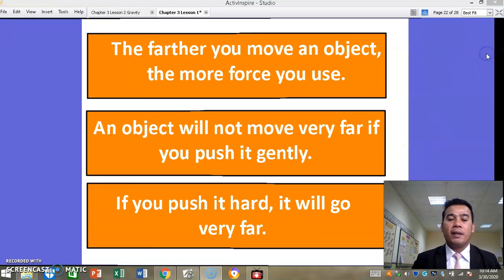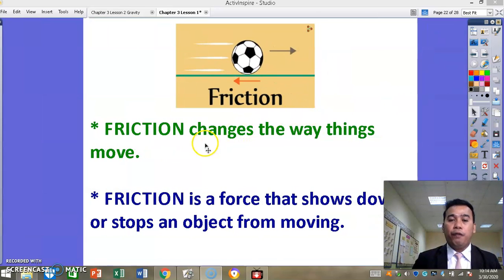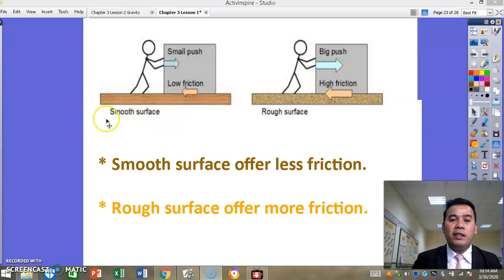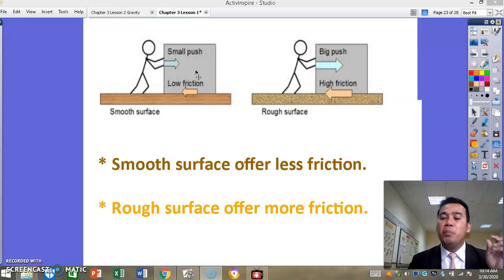Clear? Next. So friction changes the way things move. Friction is a force that slows down or stops an object from moving. So there's a factor. Example of this: if the surface is smooth, we can move the box easily with a smaller force.